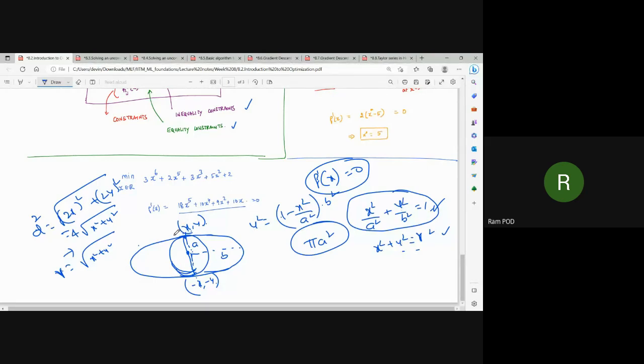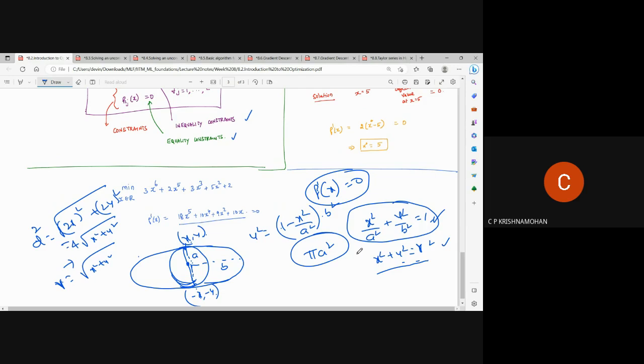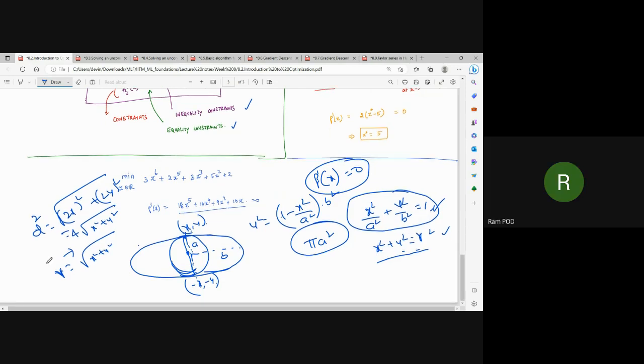What you want to maximize is the area of the circle, and any point in that circle satisfies this equation x square plus y square equals r square. So we want to maximize r, where r is the radius of this inscribed circle.